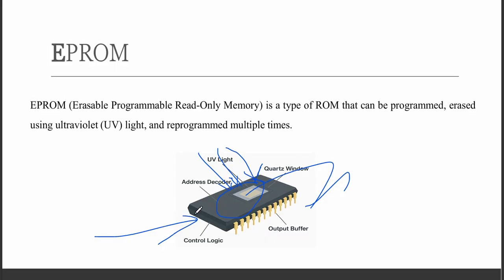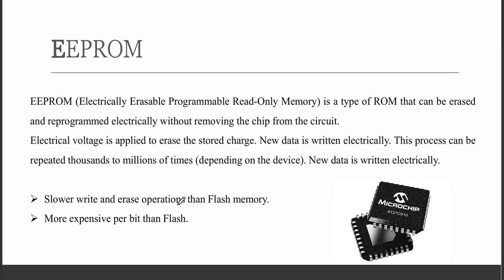After that, EEPROM was introduced. EEPROM is electrically erasable programmable read-only memory. In the previous slide we erased the data by exposing the EPROM to UV light. Here we can erase the data by using electrical signals, and we don't need to remove the ROM chip from the circuit board.